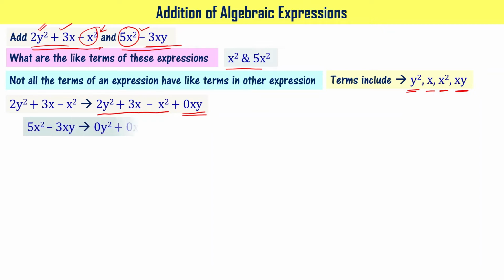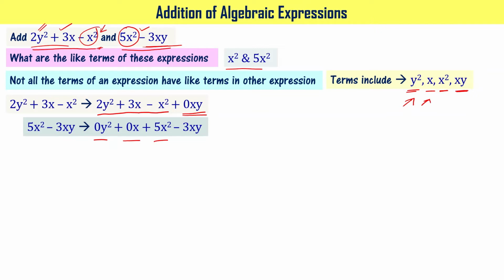For the second expression, now I can write 0 y square because the second expression has not got a y square term, right? And the x term also is not there. That's why I have written 0 y square plus 0x. When it comes to x square, we have 5x square, that is written as is.